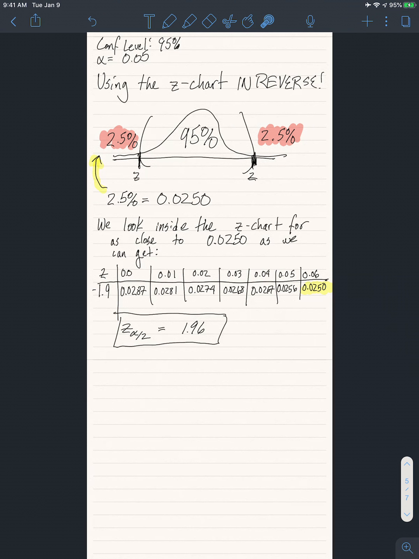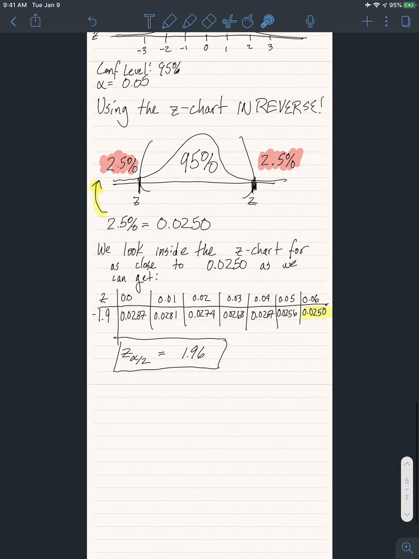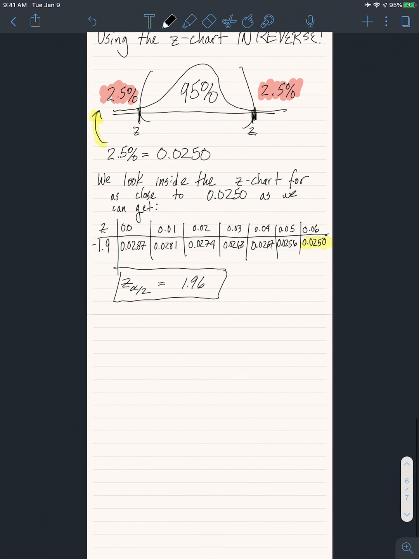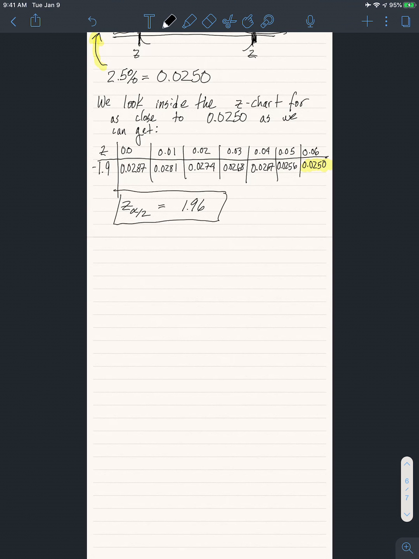If you look on your formula sheet that I provided in class, and it's also on Blackboard, let me pull mine up real quick. Sorry, computer's being real slow, probably because I'm recording the lecture at the same time. There we go. On your formula sheet, underneath proportions, it says confidence interval critical values, and it has some common ones there.